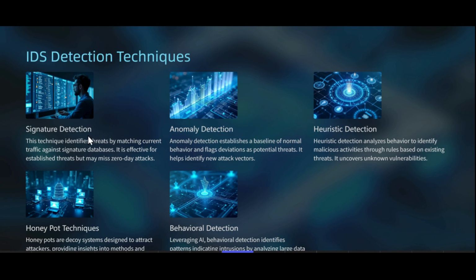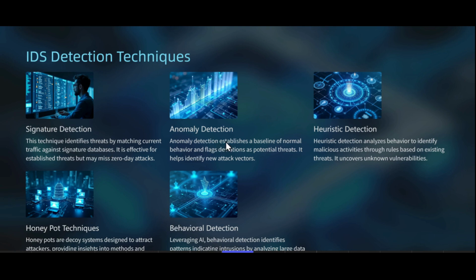IDS use multiple detection techniques to identify intrusions. Signature detection compares activity against a database of known attack signatures. It is accurate for known threats but ineffective against zero-day attacks. The second one is anomaly detection.